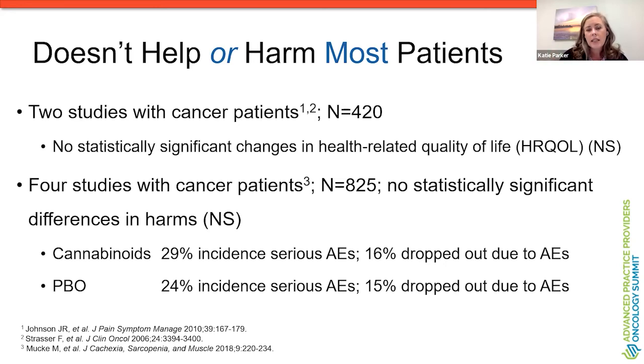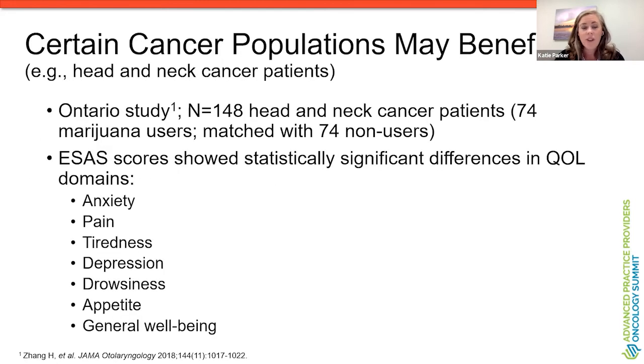While it doesn't actually improve quality of life metrics per se, it doesn't necessarily come with significant adverse effects. However, again, that does depend on the population you're dealing with. If it's an 85-year-old little woman, that may be more of a risk than a younger person.